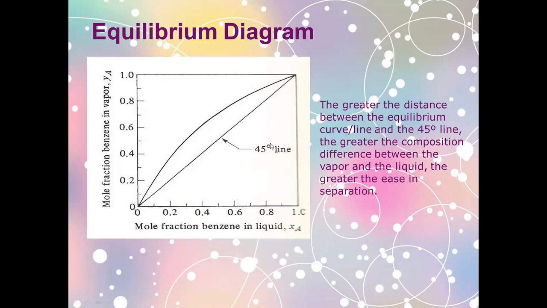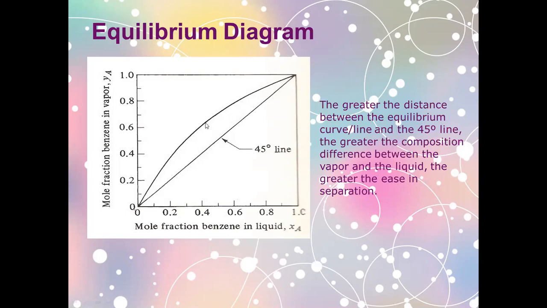So the greater the distance between this 45-degree line and this curve, the easier the separation of the components in your original feed. Meaning, it's easier to separate components if the distance between these two is big.